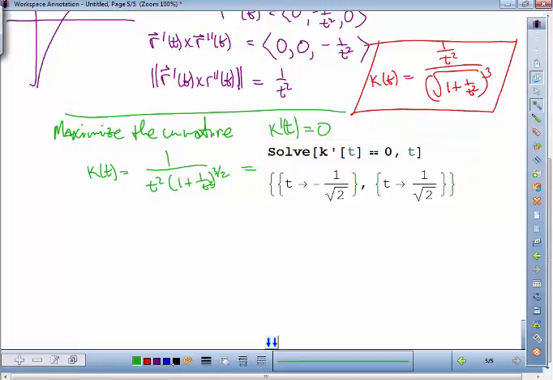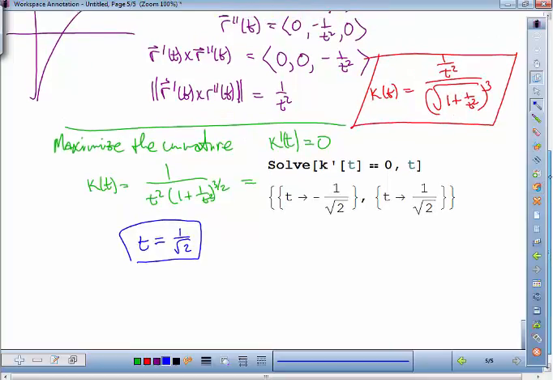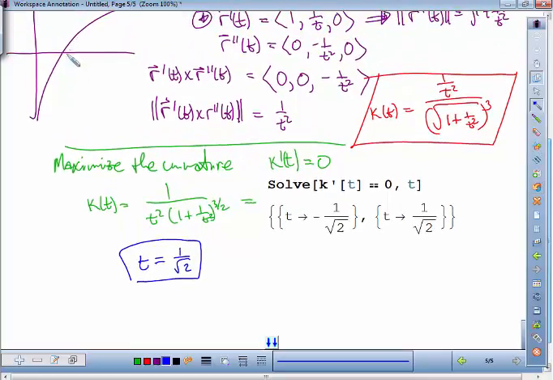And we can say that when t is equal to positive 1 over square root of 2, then we have the maximum value. So if you look at that in your curve somewhere, this is 1, what's 1 over square root of 2? Is that less than 1 or bigger than 1?